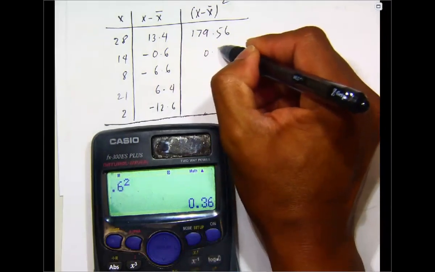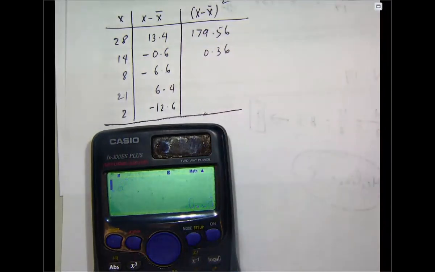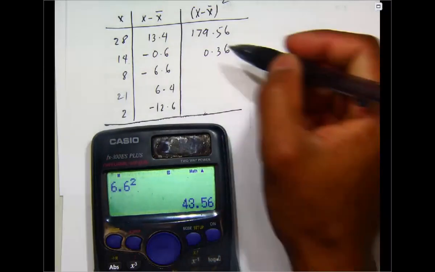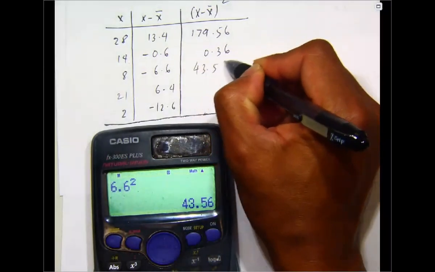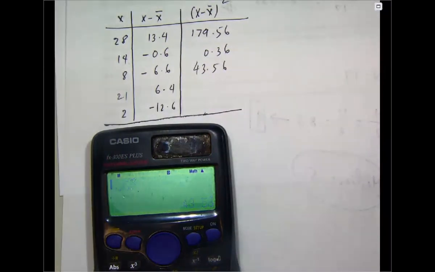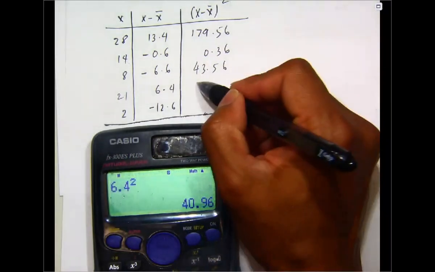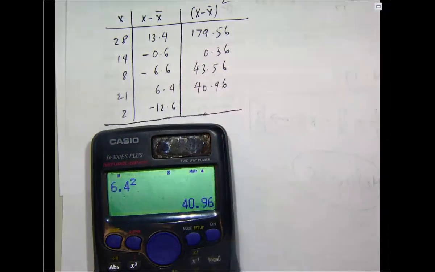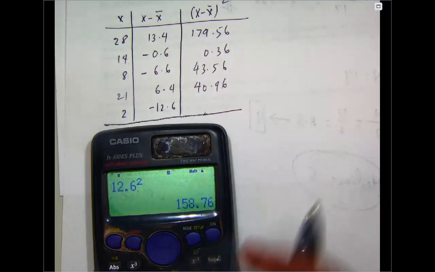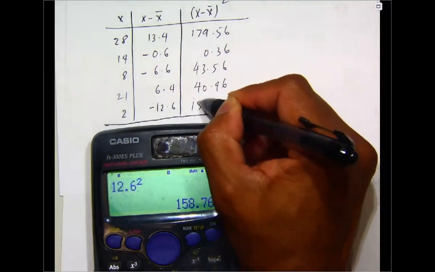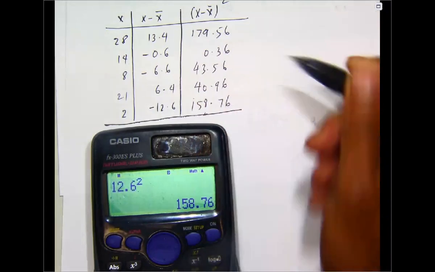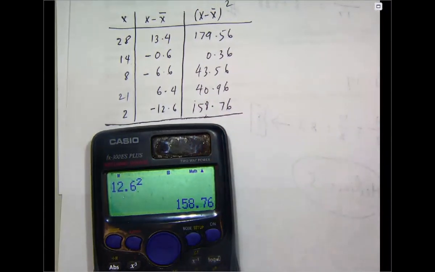That's 0.36. 6.6 squared is, you can always go from fraction to the decimal, 43.56. 6.4 squared is 40.96. 12.6 squared is 158.76.